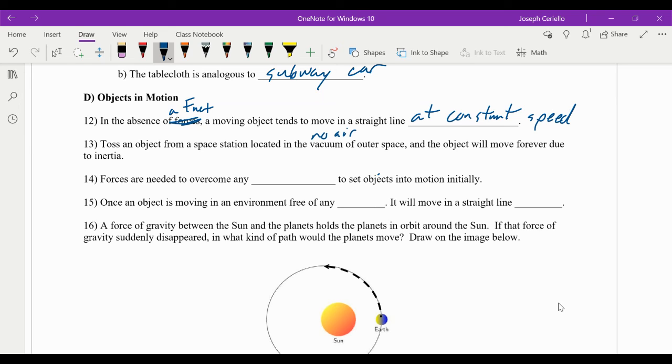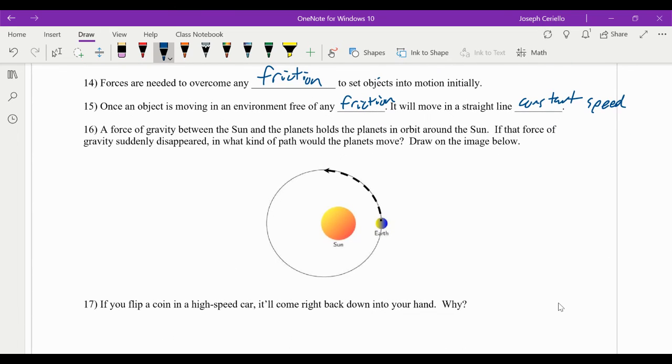Forces are needed to overcome any friction to set an object into motion initially. But once an object's moving in an environment free of any friction, it's going to move in a straight line at constant velocity, or constant speed, rather. You could say constant velocity, that would imply both direction and speed.